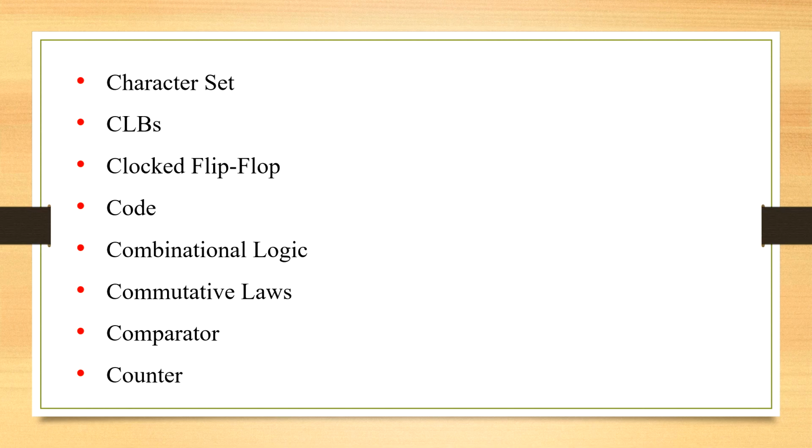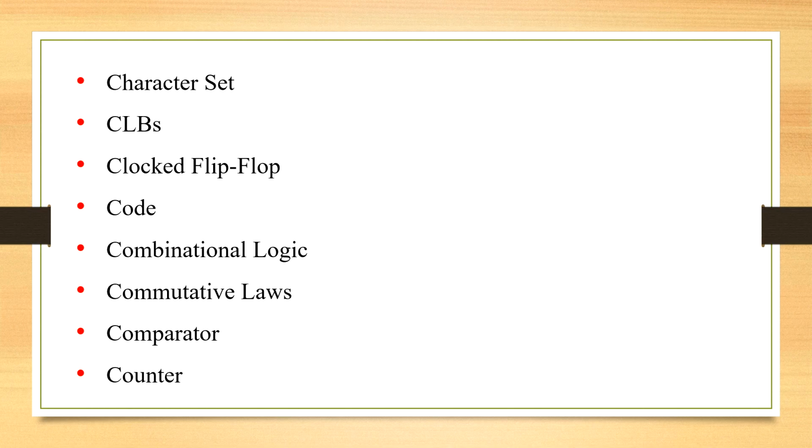Next one, character set. It is a group of characters used to represent specific values in any position number system. Next one, CLBs. The programmable logic blocks in the Xilinx family of FPGA are called configurable logic blocks.